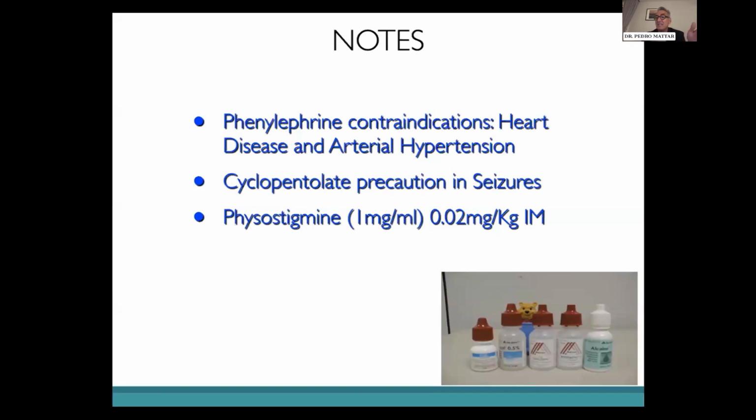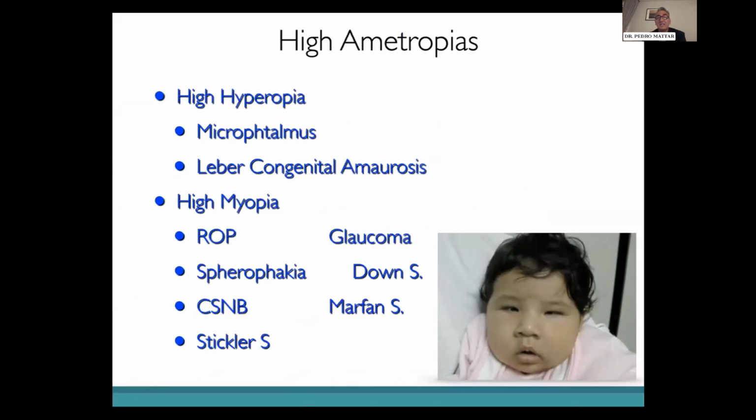Nowadays, we use the 1% and the 0.5%, but even so we have to be careful. And for all of us doing cycloplegic refraction, I think it is important to have physostigmine in the office, or to have a pediatrician close to you in case you need to inject a patient because they're having a problem due to the cyclopentolate.